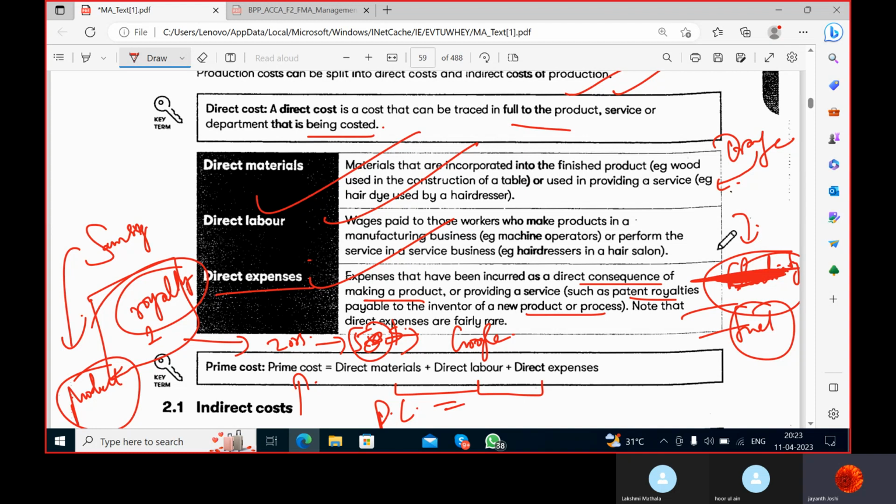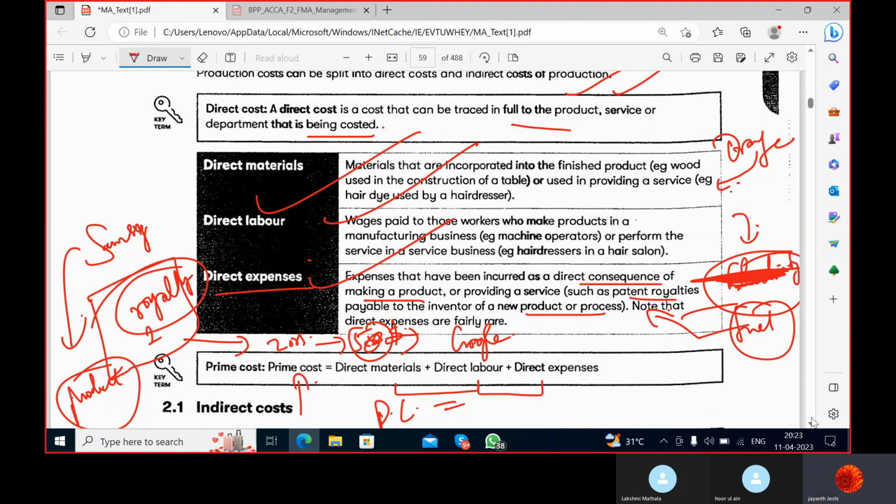We can't trace this in the cost of the product, correct or wrong? Yes. So the fuel and power used for running machinery are direct expenses, but electricity I think is an indirect expense. Fuel is a direct expense because that is directly used for running the machine.